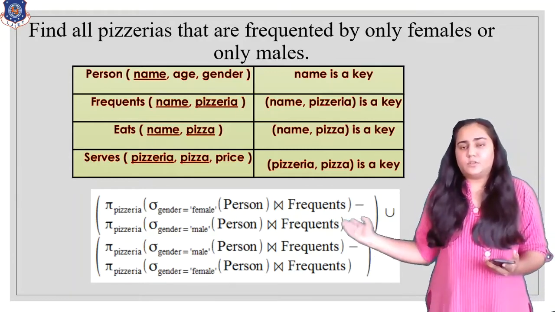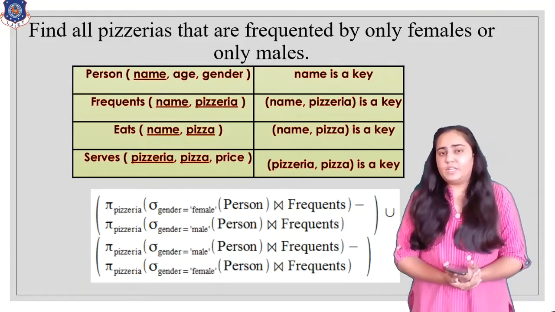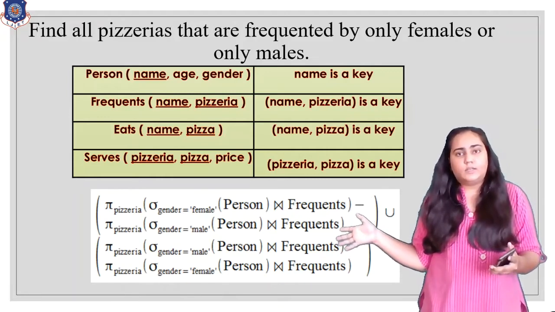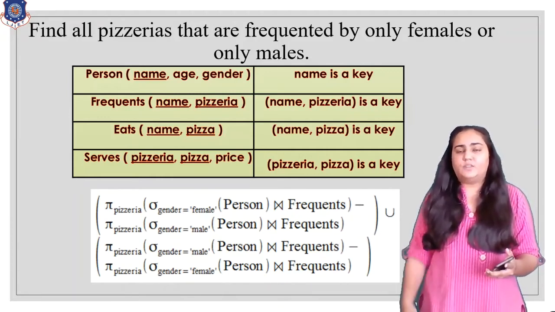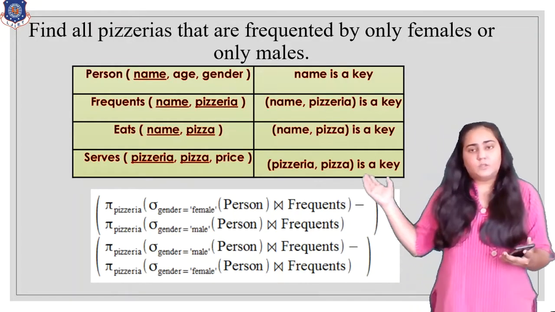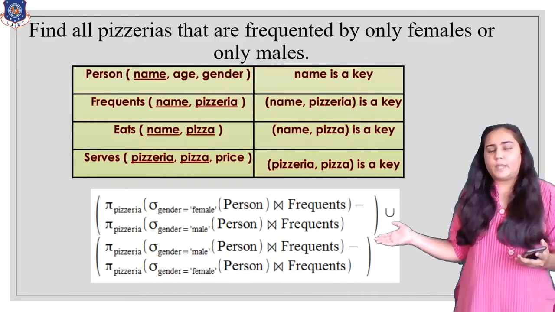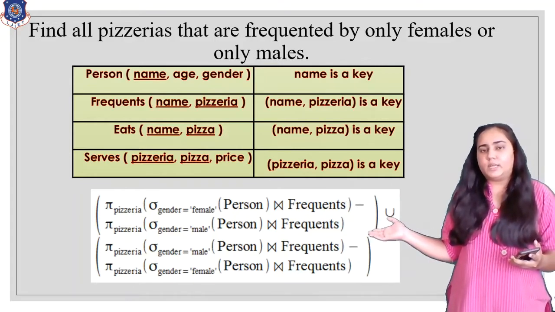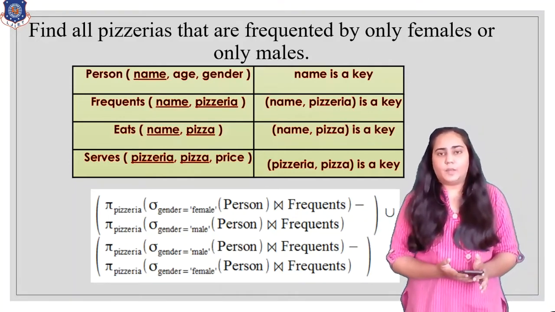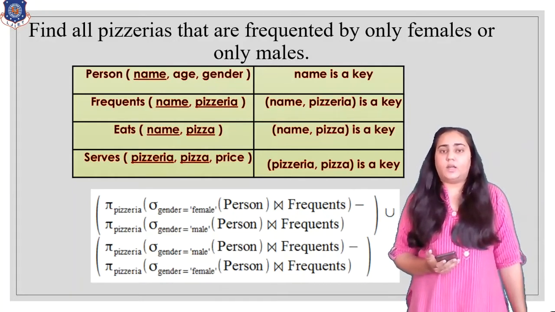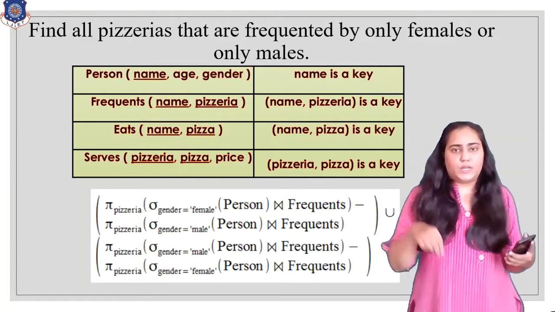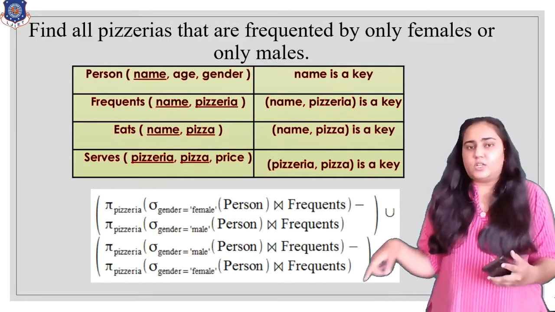The first two queries give me pizzerias where only females are going, and the second two will give me pizzerias where only males are going. If I take an intersection between these two, it will give me null because of the way the query is created. So I want to take a union because I need to find all pizzerias frequented by only females or only males. Now you can do this query in other ways also, but do not try to do something like gender equal to male and gender equal to female.